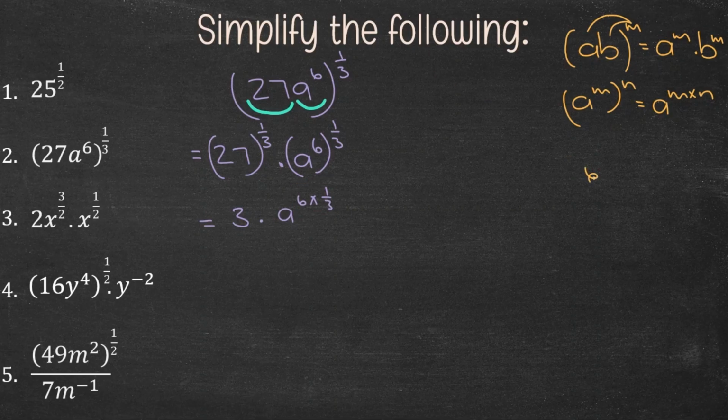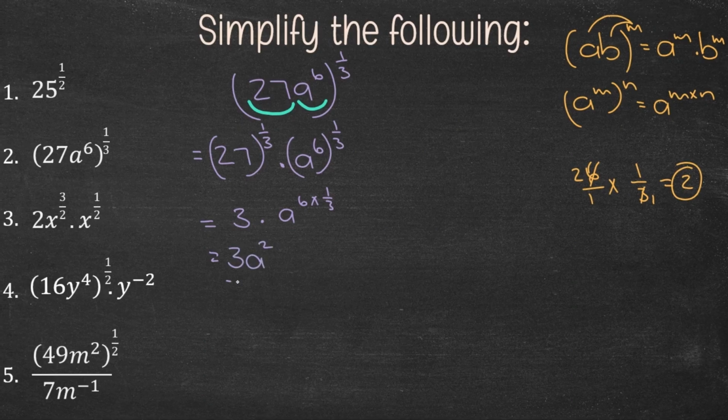I've got 6 over 1 multiplied by 1 over 3. Now 6 divided by 3 is 2, and 3 divided by 3 is 1. That leaves us with 2 over 1. The exponent for a is 2. I'm going to write 3a squared. And this is the final simplified answer.